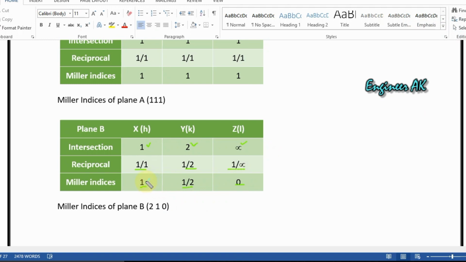So I will multiply by 2 here, and here, and here. So this 2 and this 2 will cancel out, so I will be left with 1, and it becomes 2 and it becomes 0. So the Miller index is 2, 1, 0.